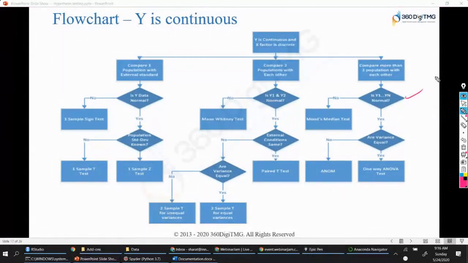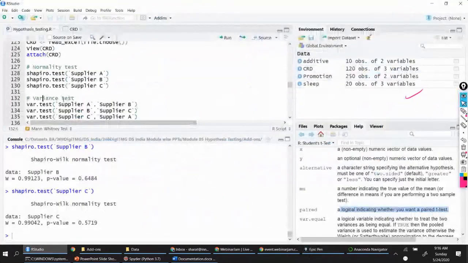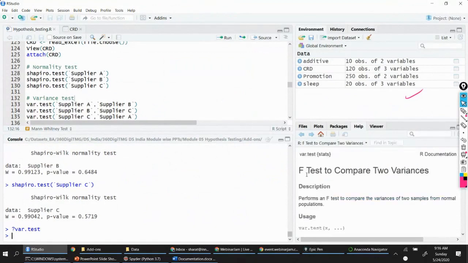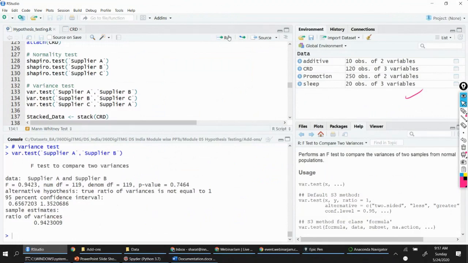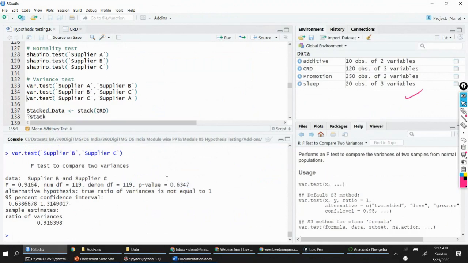Then we go to the next test, the variance test. On the variance test, we are checking whether the variances are equal or not equal. You can use var.test, the F test to compare two variances. And we are basically checking whether the variances are equal or not. For the p-value, the variances between A and B, it is greater than 0.05, so the variances are equal. 0.6347, again the p-value is greater than 0.05.